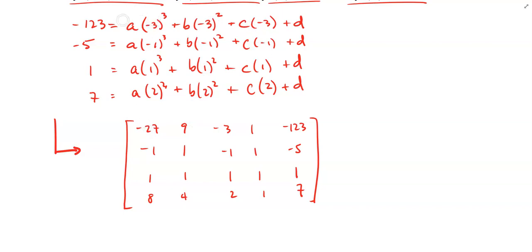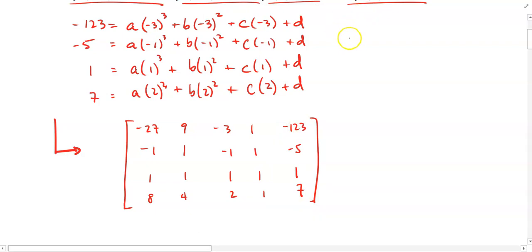Each of those could act as a coefficient in front of the parameters that are left behind. And across that top row, I now have the coefficients of -27, +9, -3, 1, because of the coefficient with the letter D. And then I'm placing the results, or the solutions, on the right side. -123 ends up on the far right. And this is our augmented matrix that we can bring to our calculator.